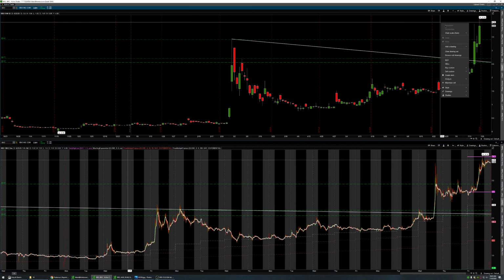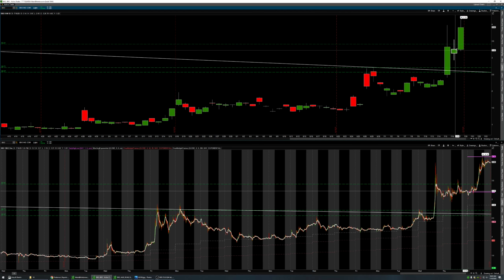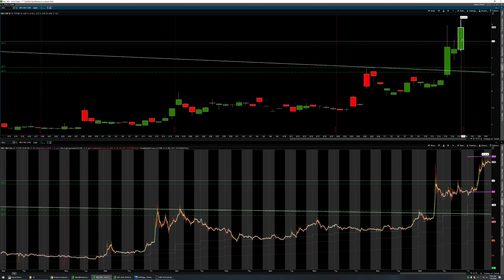And then on Friday, this last Friday, which was yesterday, we got more continuation. If you're looking at the daily chart here, it doesn't really look like much, just a pop, an inside candle, and another breakout.